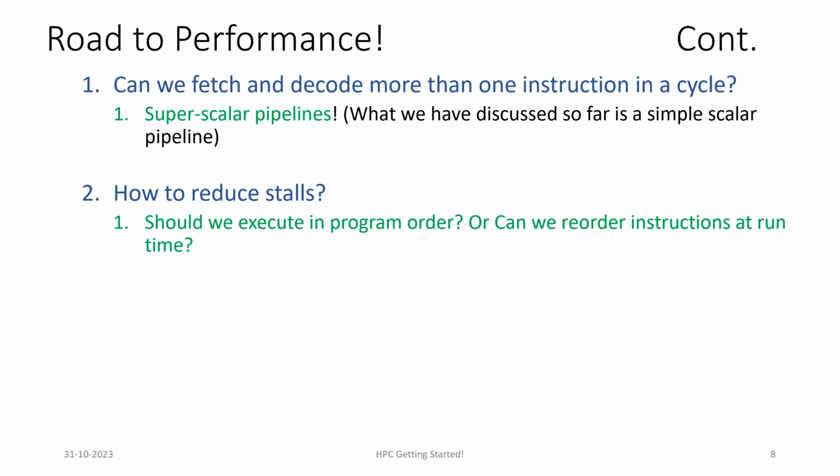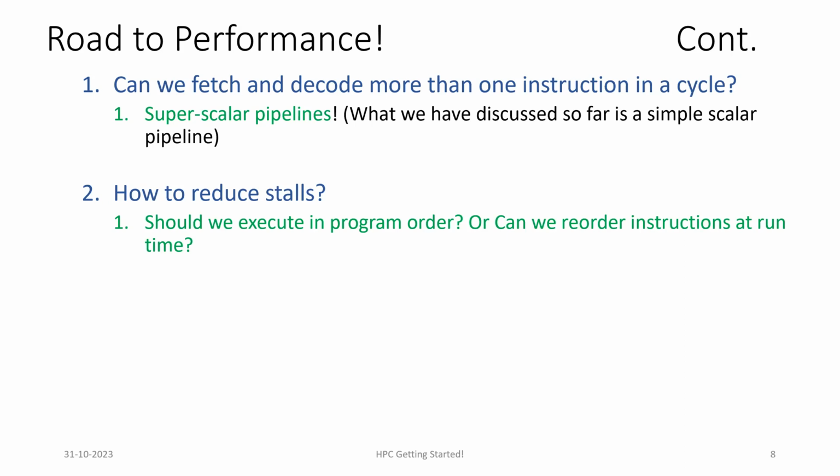Because we are fetching and decoding multiple instructions, we are aware of the status of multiple instructions in any cycle. We will go ahead and issue to the execution units whichever has no dependency, either data or control. Now if we are able to execute the instructions out of order, we need to take extra care to retire or complete the instructions in order.